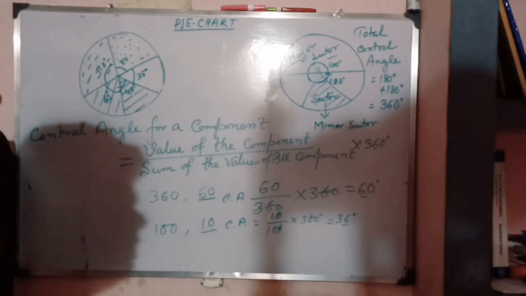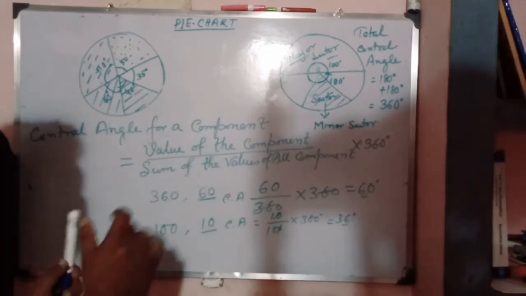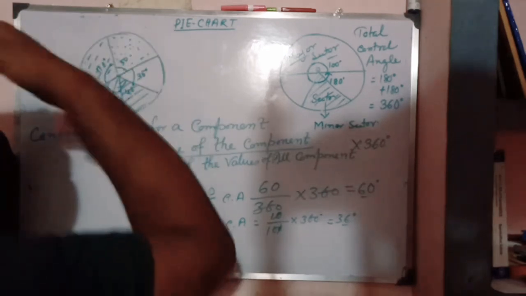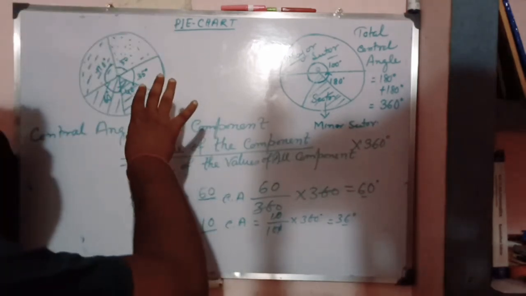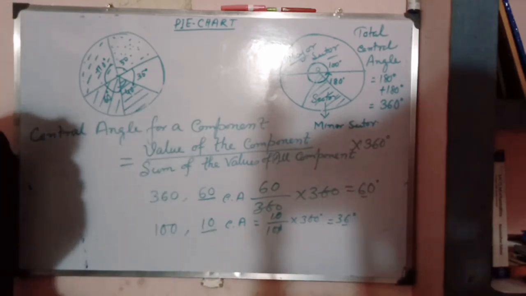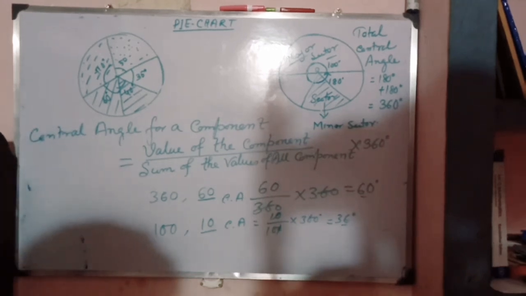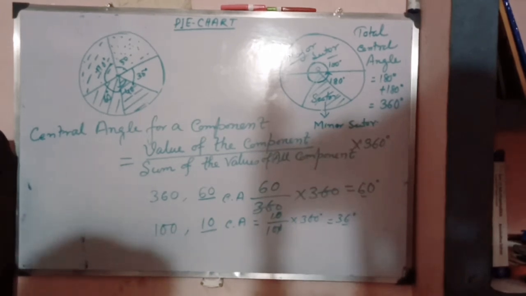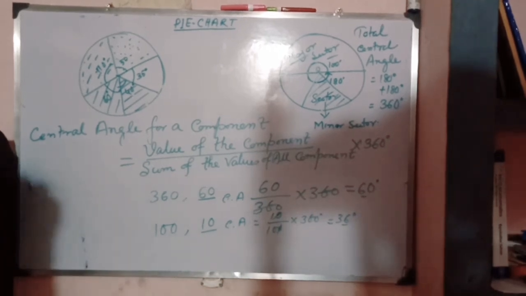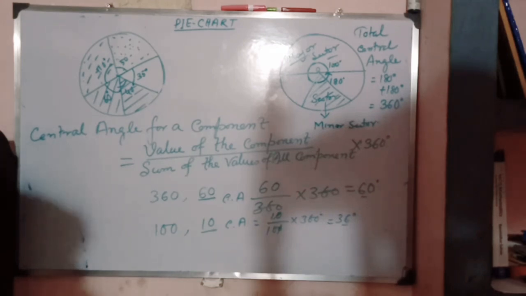Since I don't have a board scale or board protector right now, I am just showing you by drawing. So you can understand. And I will provide you the steps for the construction of a pie chart of a given data.